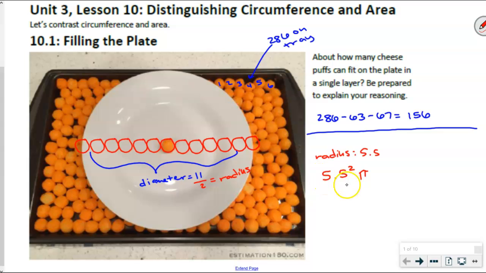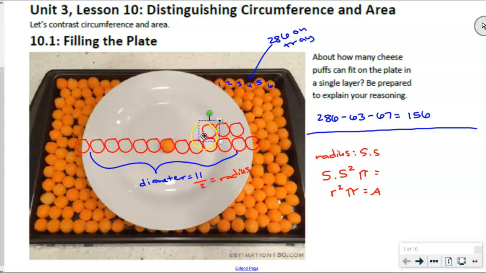Why are we squaring the radius and multiplying it by pi? What does that really mean? What are we doing, Luke? Yeah, we really need the area of the plate. So that's why we're squaring the radius and multiplying it by pi, because it's going to give us the area, which really truly is all of the cheese balls that would fit on the plate, right?